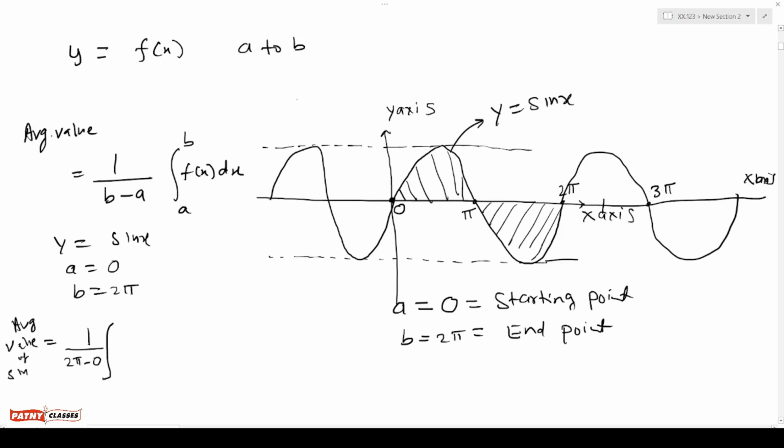It is 1 upon B minus A, and in place of f of x we can write sin x, because y equals f of x and y equals sin x. Therefore, we write sin x with respect to x, and the limits of integration are 0 to 2 pi. Now we'll find the integration value.